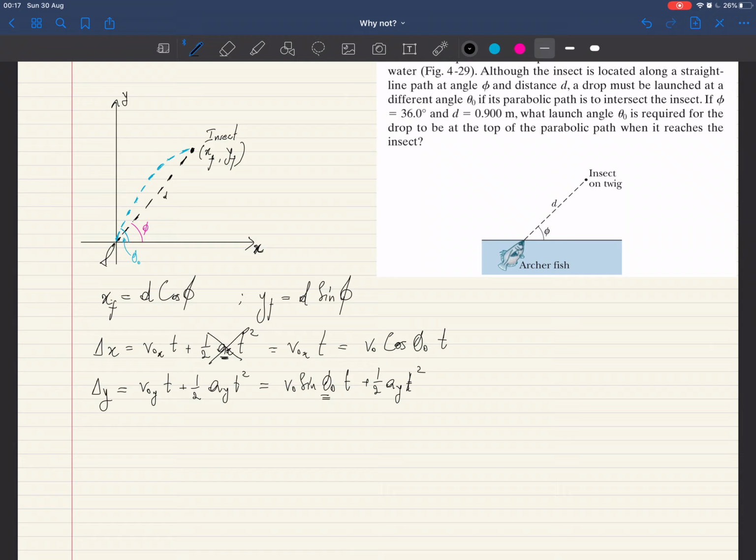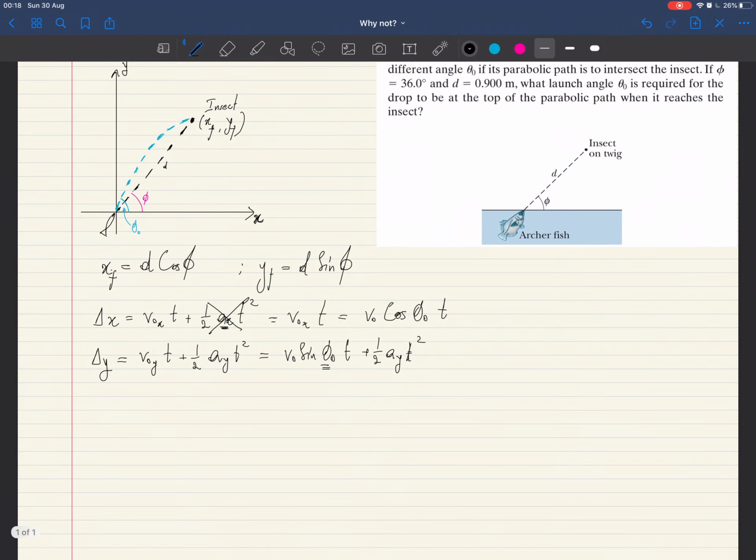While this is enough to get the water to hit the twig, it's not fulfilling the conditions that were given to us. The other condition is that the water is to hit the insect at the top of its parabolic path. So we need to find out when the water reaches the top of its path.